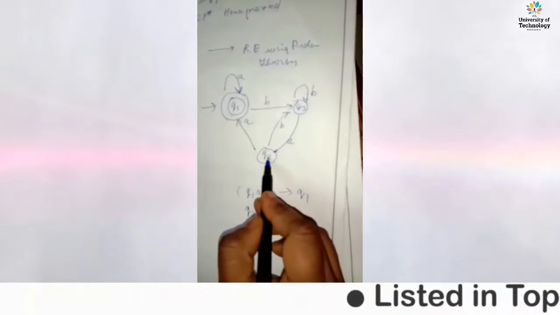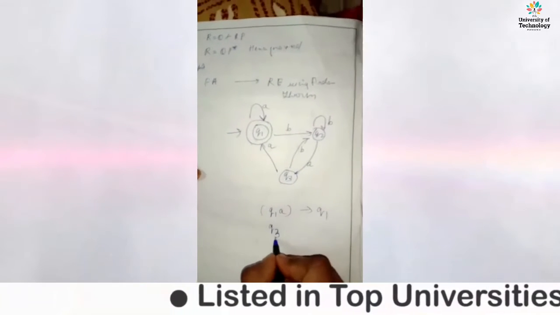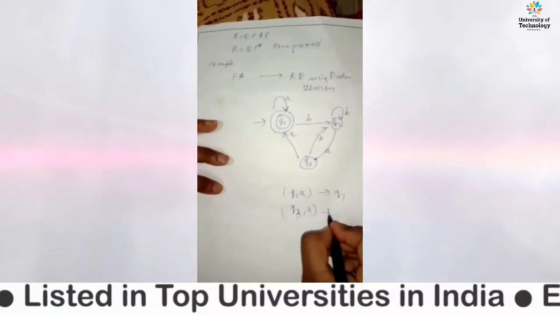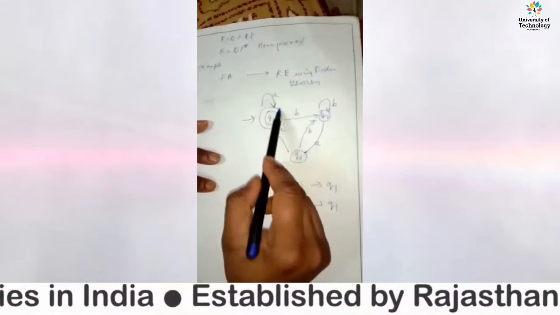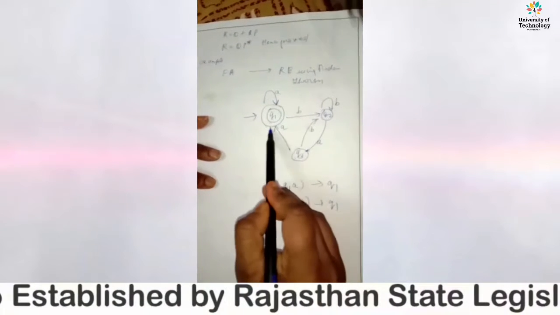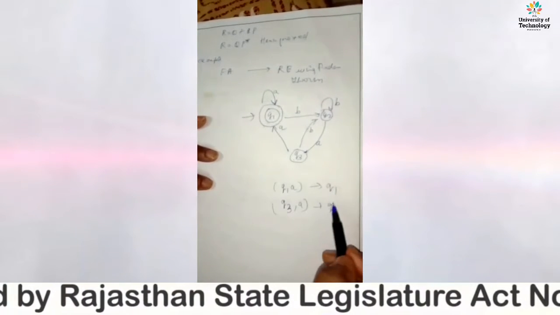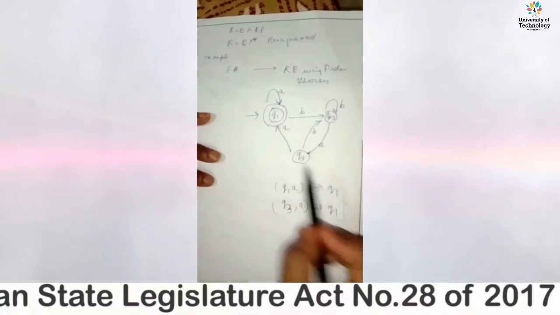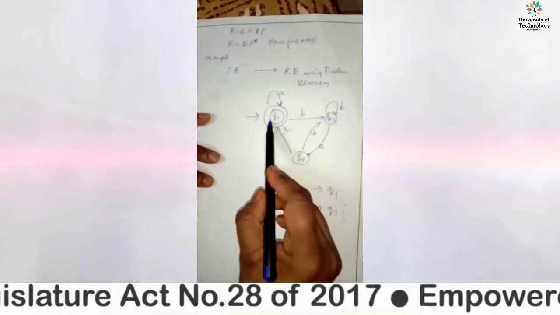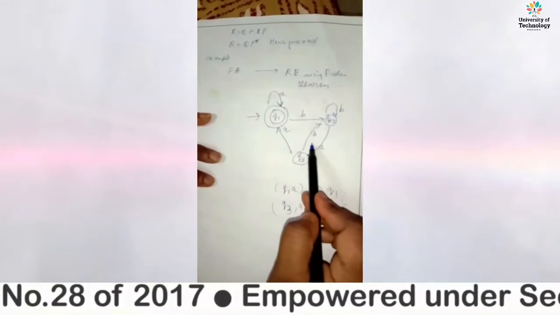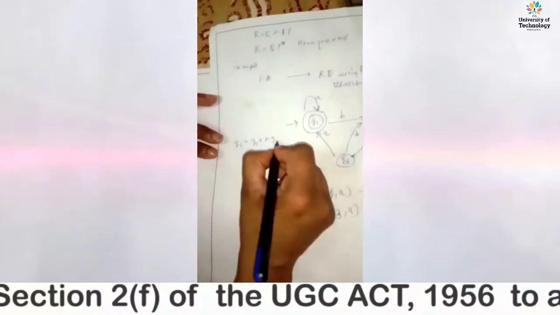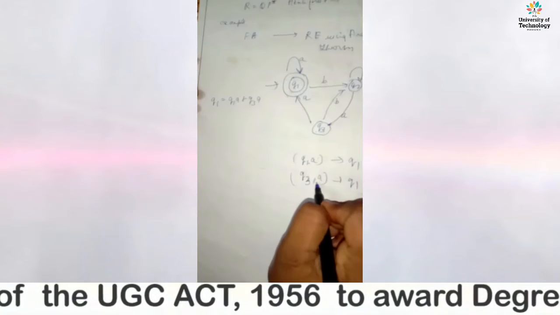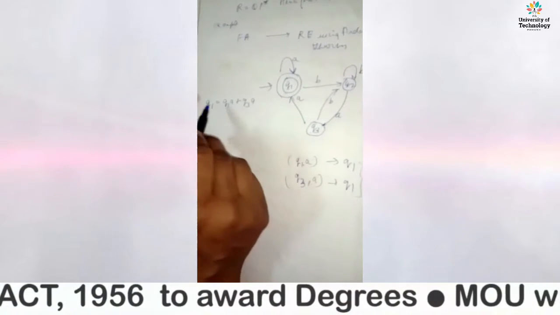There is a transition from Q3 to Q1, so Q3 with A reaches Q1. So these are the two ways. Hence, you can write the equation Q1 = Q1A + Q3A. These are the two ways by which we can reach Q1, and we have written them down here.